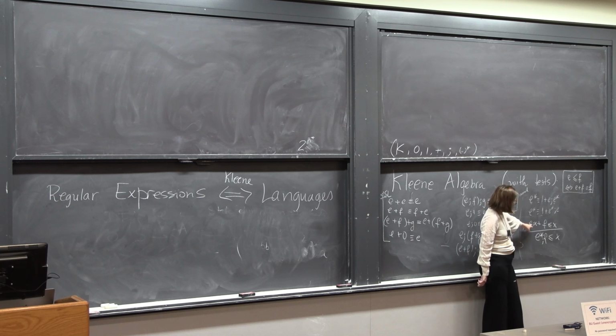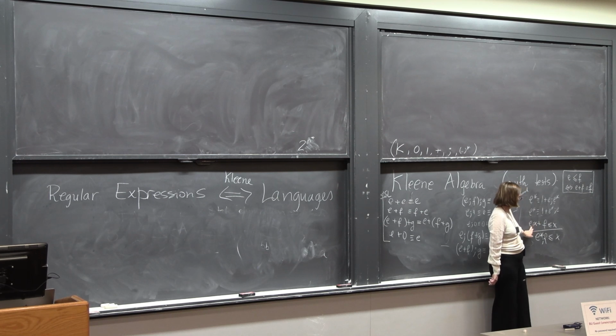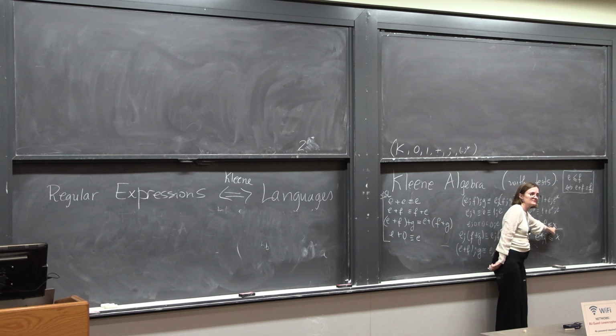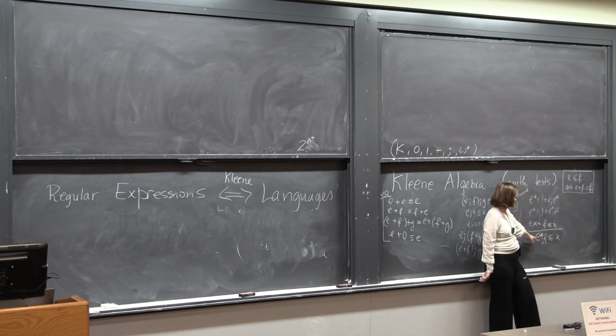It says if I can prove for some x that Ex plus F is smaller or equal than x, then I can derive from that that E star F is smaller or equal than x. So let's go through this. What does it mean if I can prove this?